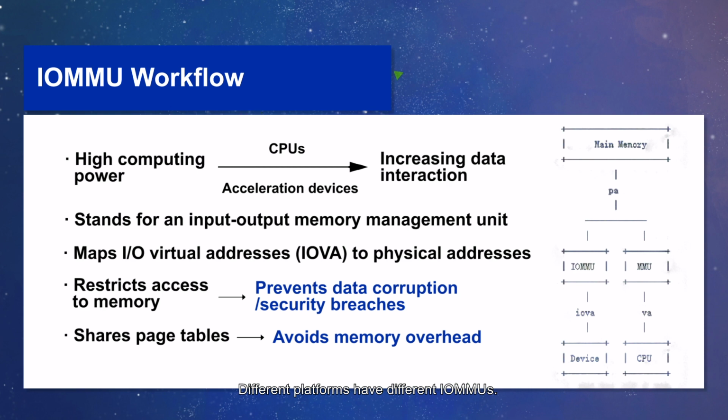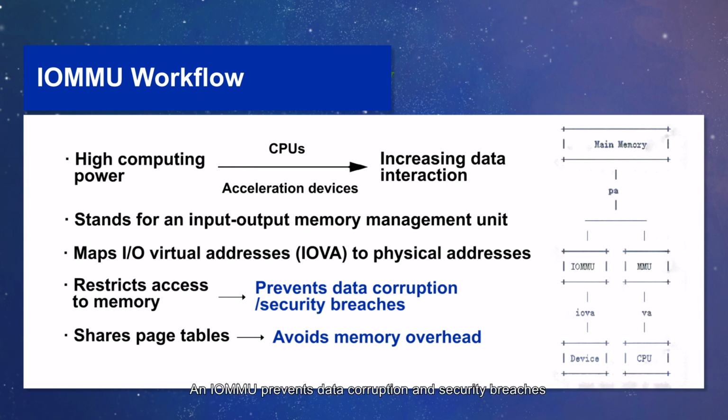Different platforms have different IOMMUs. Examples of IOMMUs include the Intel IOMMU, Graphics Addressing Remapping Table, GART, used by PCI Express graphics cards, and System Memory Management Unit, SMMU, used by the ARM platform.